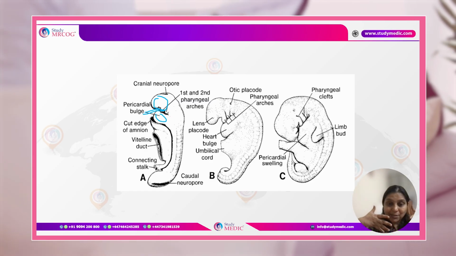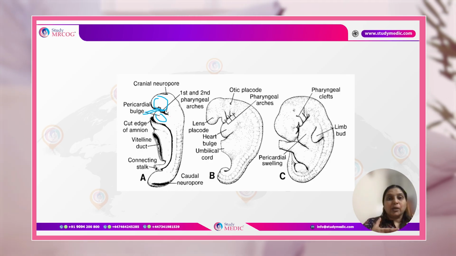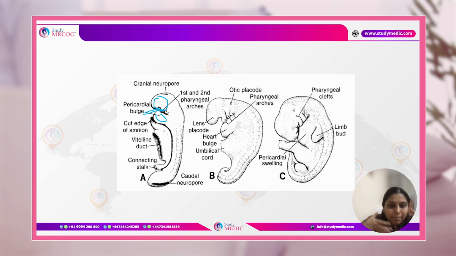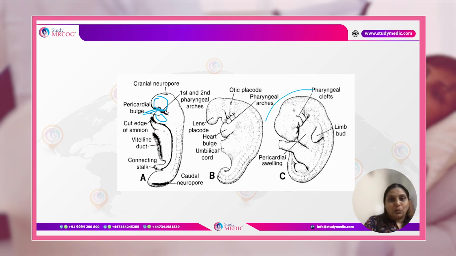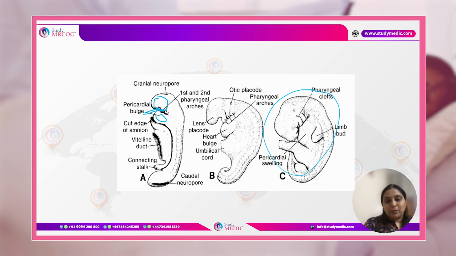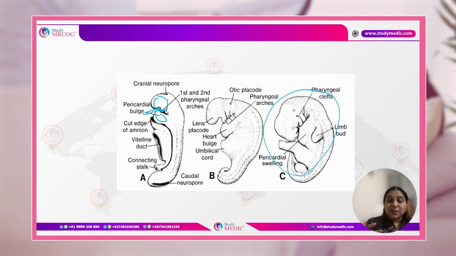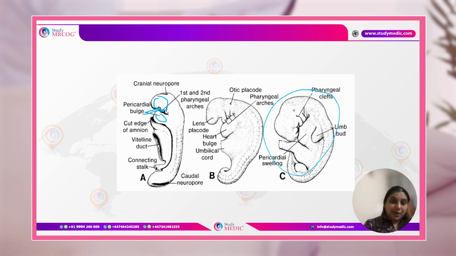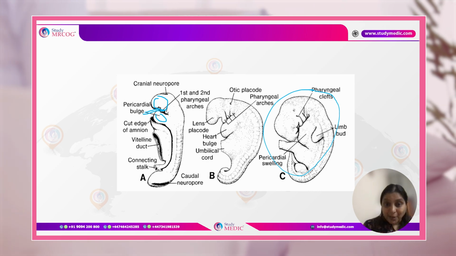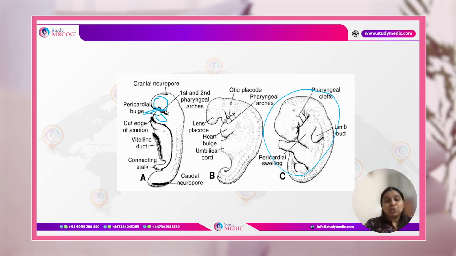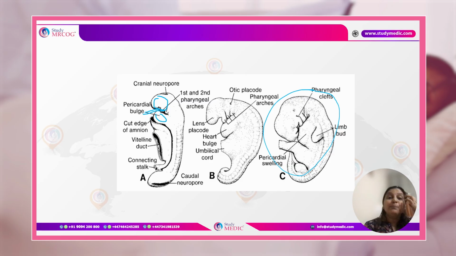It grows anteriorly, laterally and downwards, and forms the typical bulged neck of the embryo that we know. These are the mesodermal proliferations, and on the inside is the pouch, which is lined by the endoderm. On the outside are the clefts, which are formed by the ectoderm.